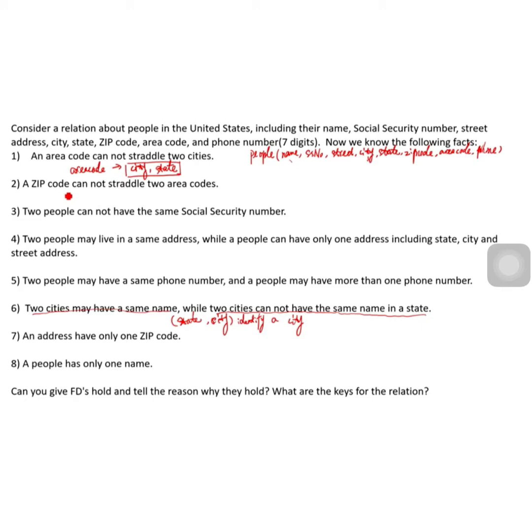Now the next one. A zip code cannot straddle two area codes. Then we know zip code functionally determines area code. If any two tuples have the same value in zip code, then this address must be in one area, so they have the same value on area code.